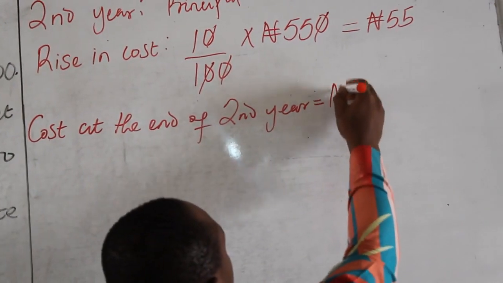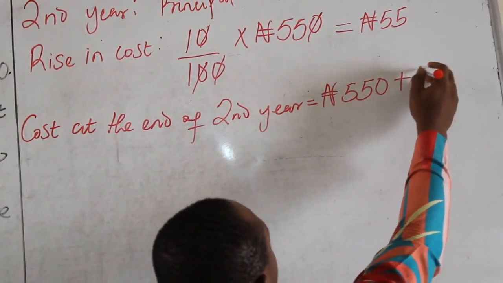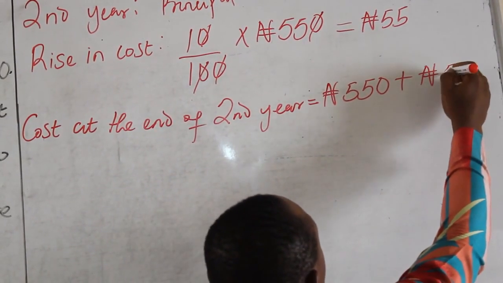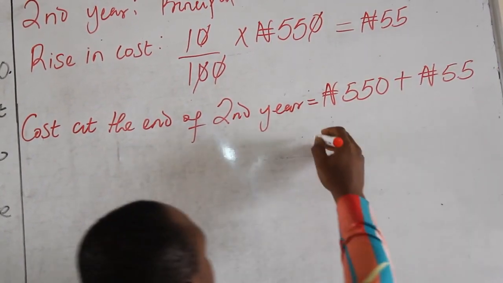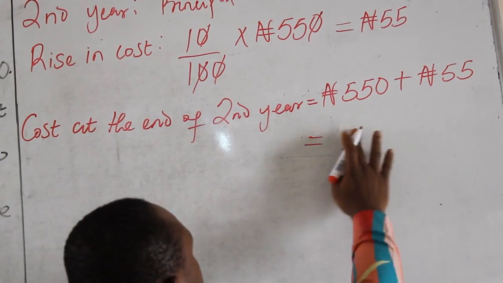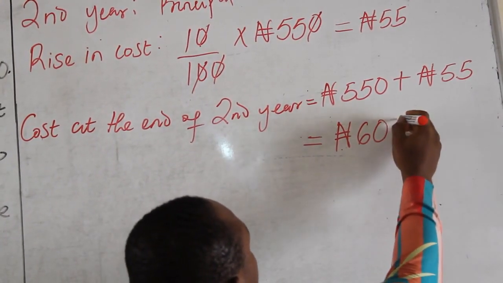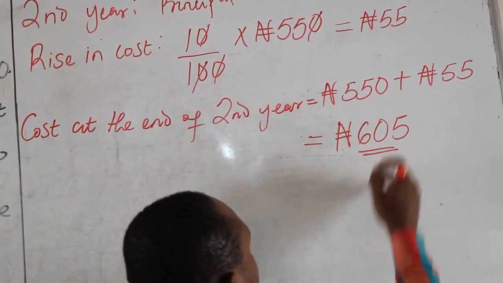That will be 550 naira added to 55 naira, and that will give us 605 naira.